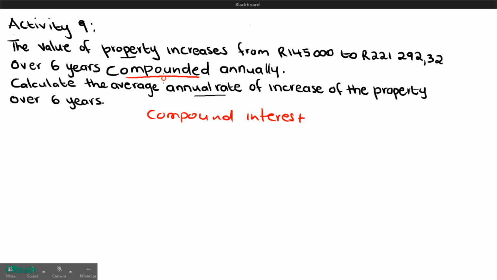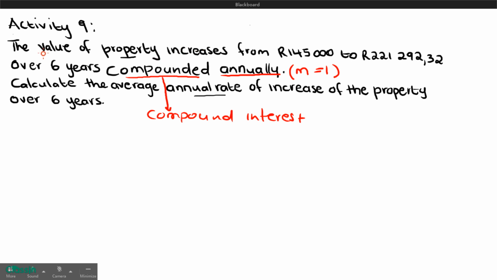The word compounded already is telling you that you are going to use the compound interest, but it is compounded annually. And this already tells us that the value of M is equal to 1 because annually means 1.